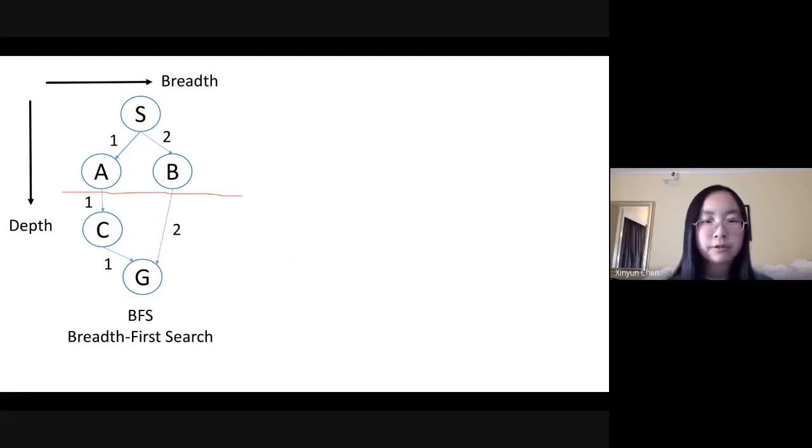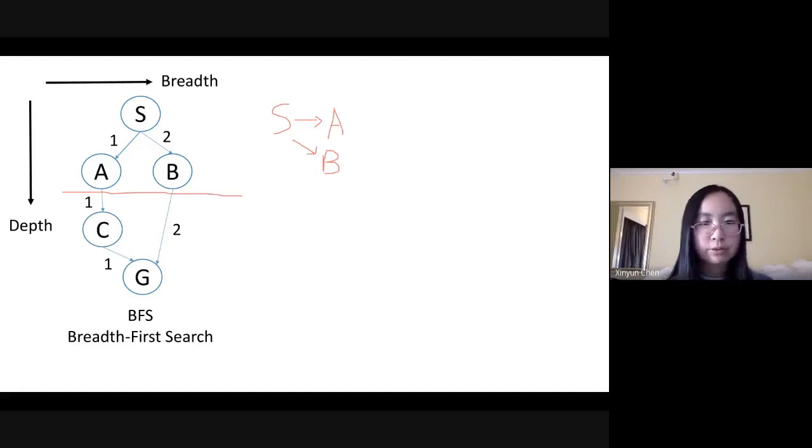So starting from S, firstly we will select the edge to A, because it is the only one edge after the start node, and also its cost is very low. Then after we explore the node A, next we will explore the node B, because they are in the same depth, so we explore the nodes according to breadth first.